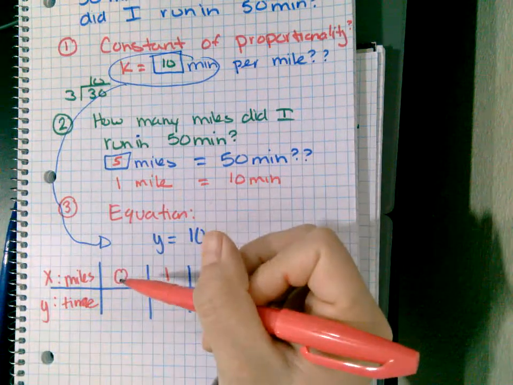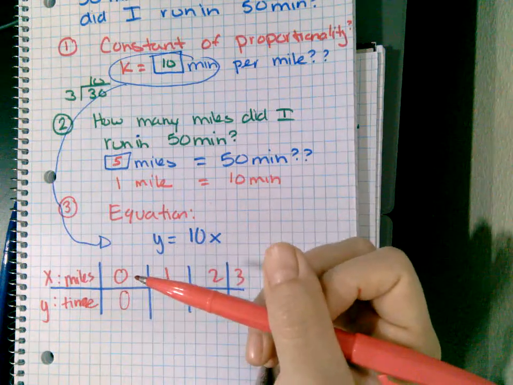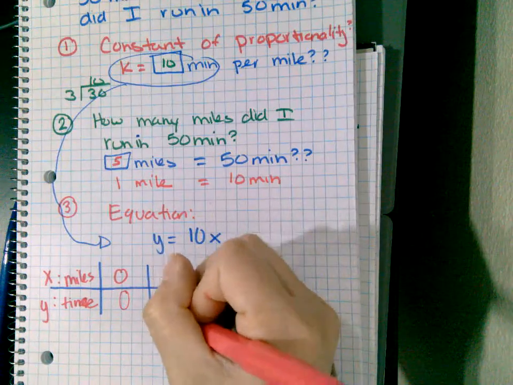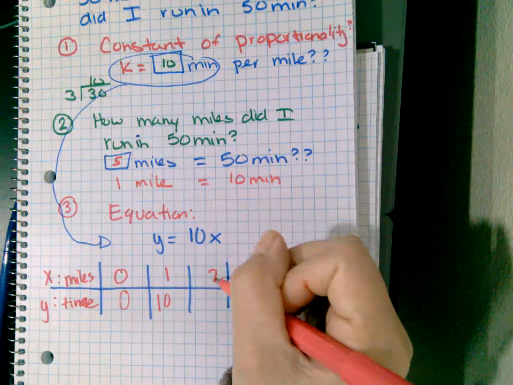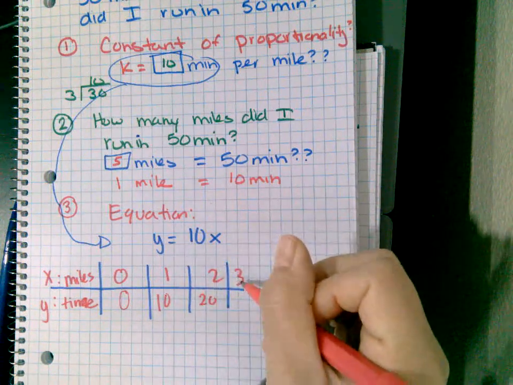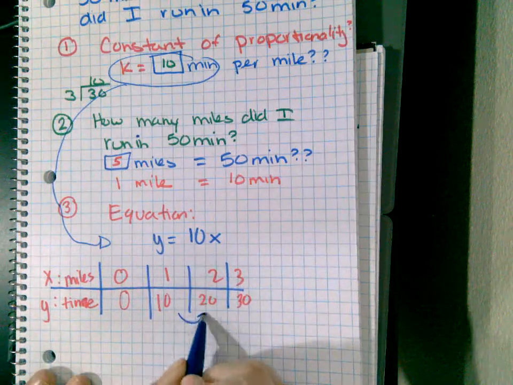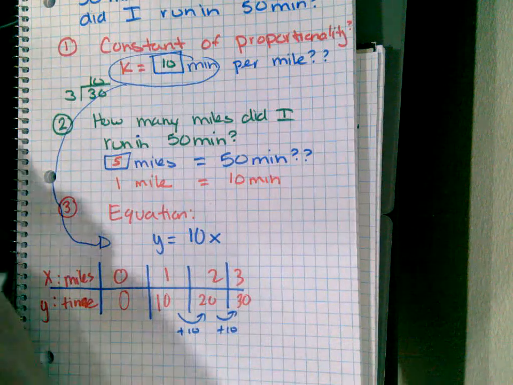So if I run 0 miles, it's going to take me 0 minutes. I like that. If I do 1 mile, it's going to take me 10 minutes. If I do 2 miles, 2 miles is going to take me 20. 3 miles is going to take me 30. What do I keep adding by? I keep adding 10 each time.